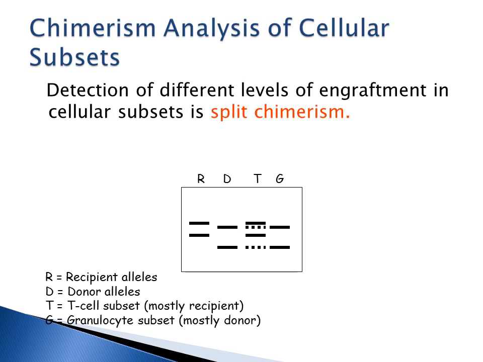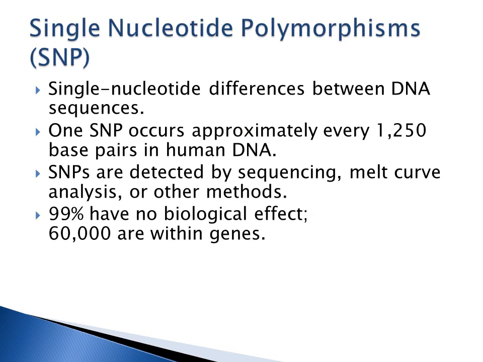So you can detect your different levels of engraftment in your cellular subsets in a split chimerism. For example, you have your recipient or R, your donor D, your T is your T cell subset, and in this example it's mostly recipient cells, and your G, your granulocyte subsets, are mostly donor cells.